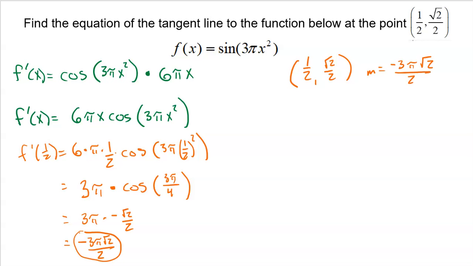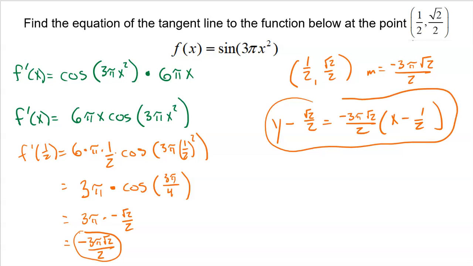So the equation of the tangent line is going to be y minus the y coordinate of radical 2 over 2 equals the slope, as ugly as it is, negative 3 pi radical 2 over 2 times x minus the x coordinate of 1/2. And there is your equation of the tangent line.